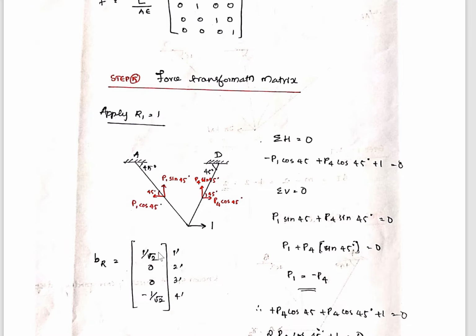The first coordinate is 1 by root 2, the second coordinate is 0, which is the force in the member BE. The third coordinate, the force in member CE, is also 0 because we have removed both these members. And the fourth coordinate, the force in the member DE, is equal to minus 1 by root 2.